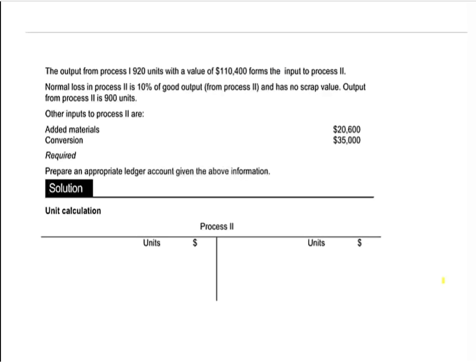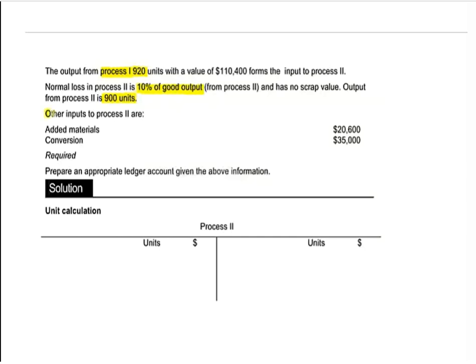In example 2, the output from process 1 is actually made into the inputs to process 2. So we've got 920 units which become the inputs into process 2. We're told then that normal loss from process 2 is 10% of good output, i.e. the output from the process, and the output from the process is 900 units.